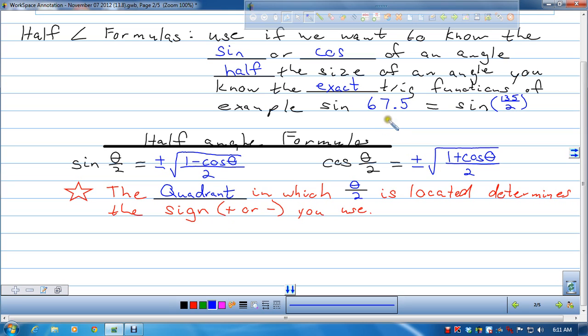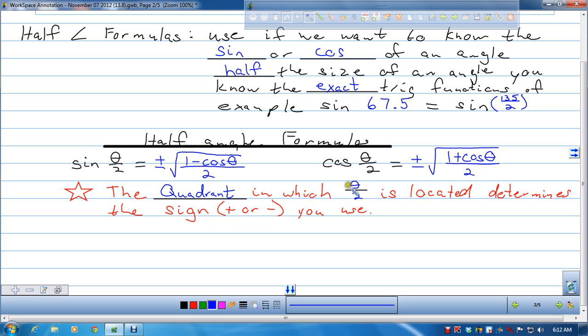For instance, 67.5 is in quadrant 1, and we know that sine is positive. So if I plugged into this equation here, I would get the positive value. It's key that we understand we're looking for where the 67.5 is and not the 135.